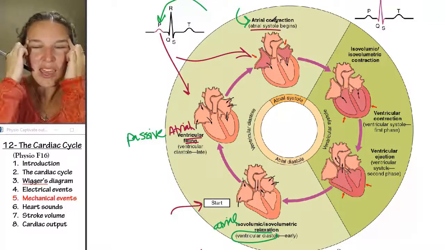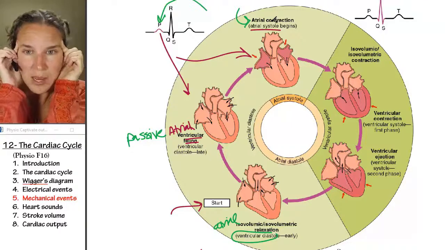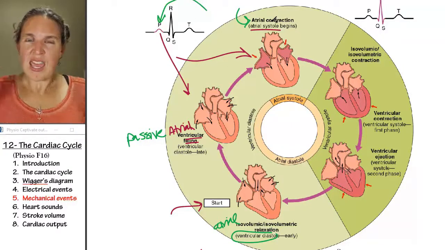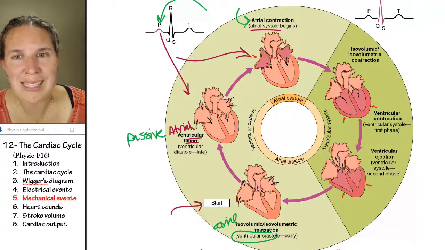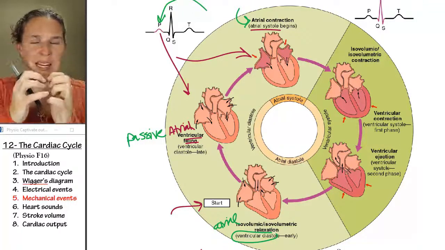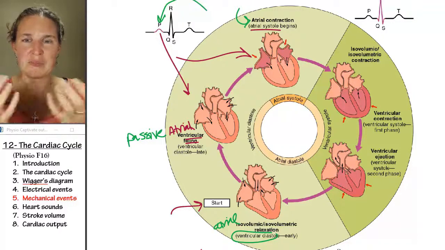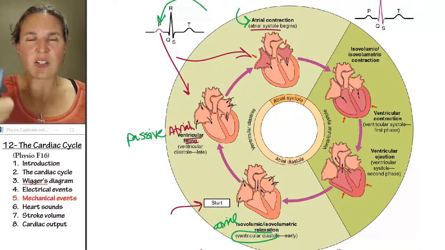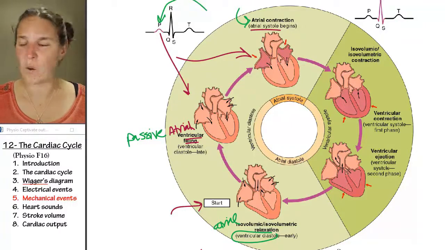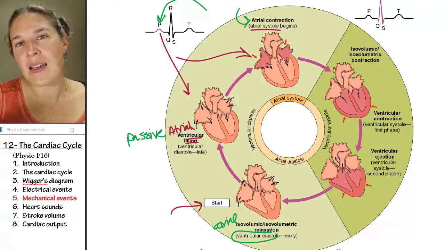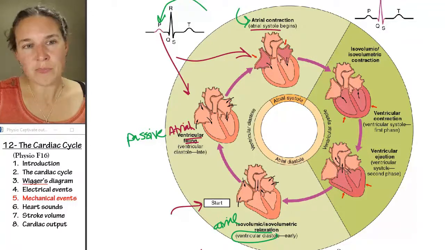Now, think through what you're going to imagine as the atria are contracting. What's going to happen to the pressure inside the atria as they contract and make the volume smaller? Do you agree that pressure is going to increase in the atria during atrial systole? Totally. And the blood that's in the atria, where's it going to go?